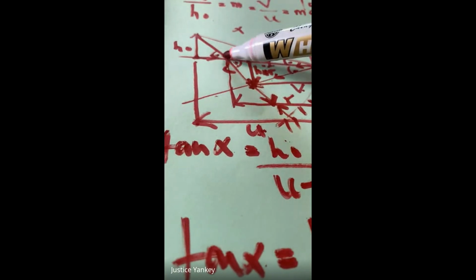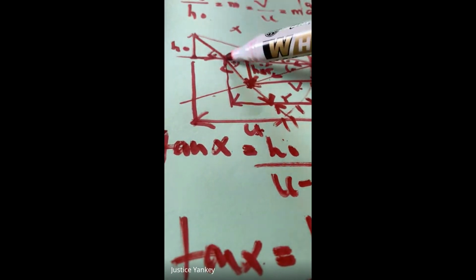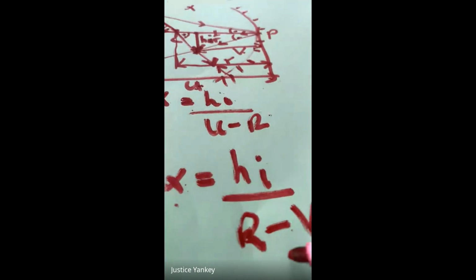This distance is from c to P minus v, so it is r minus v. I've written it down here. So I have tan alpha equals h naught over u minus r, and for the second triangle involving the image, tan alpha equals height of image divided by r minus v.